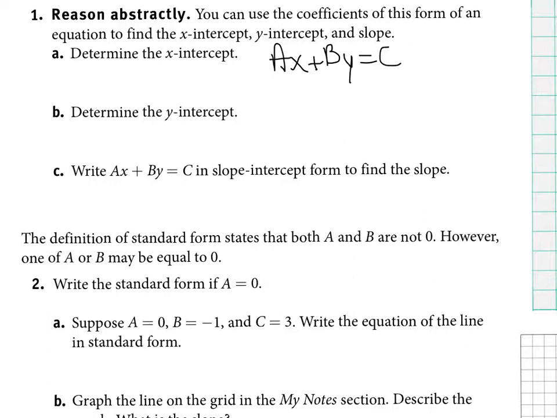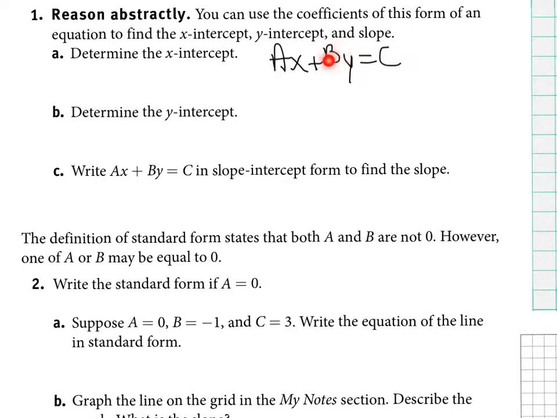To find the x-intercept and the y-intercept, we're going to use what is basically a shortcut. If I want to find the x-intercept, all you do is cover up the b. So if I cover up the b, then you just solve.